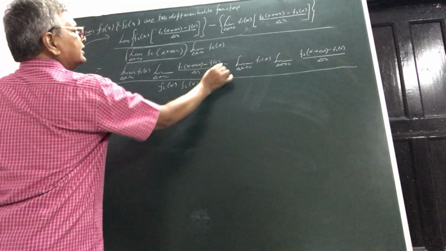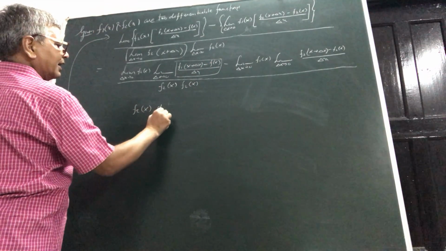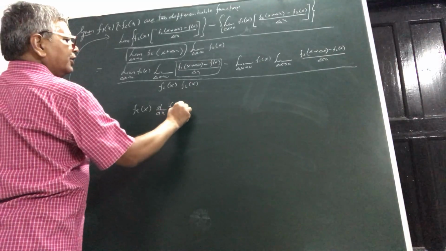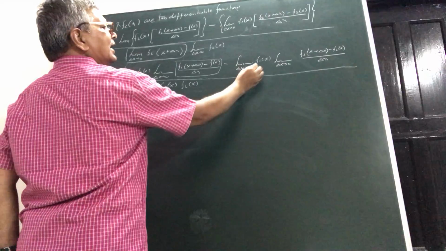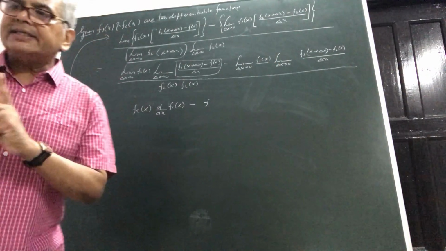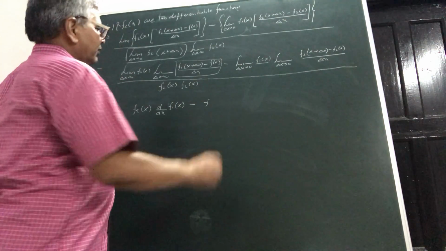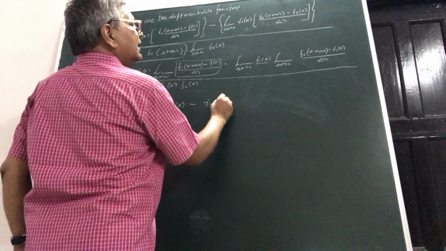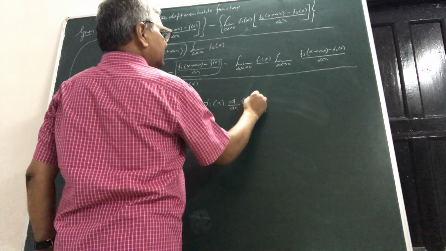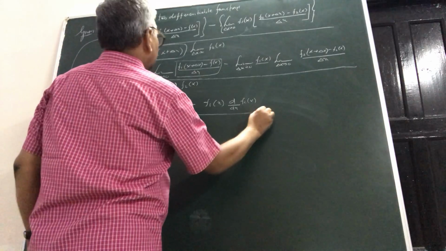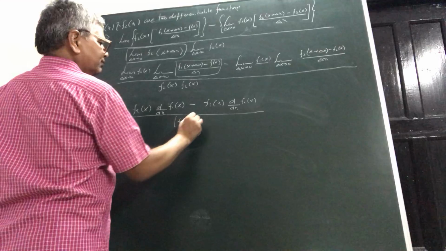And this whole thing is the derivative of the function given in the numerator, f1(x), minus the limit of the first function, limit Δx tending to 0 of f1(x). f1(x) is a function of x, nowhere depending on Δx, so it will be as such f1(x). And this thing is nothing but d by dx of f1(x) upon f2(x), into f2(x), that is f2(x) whole square.